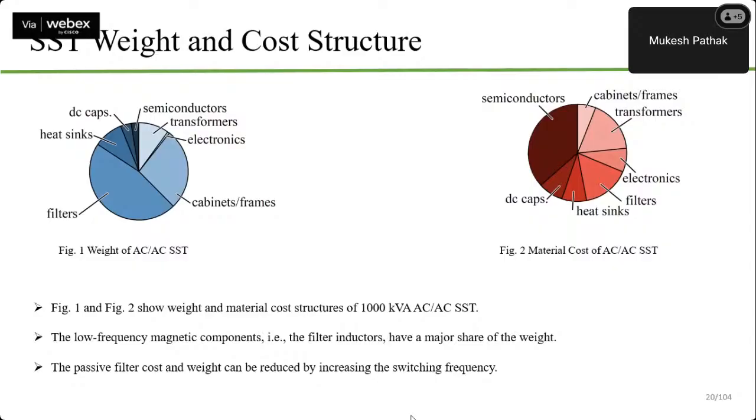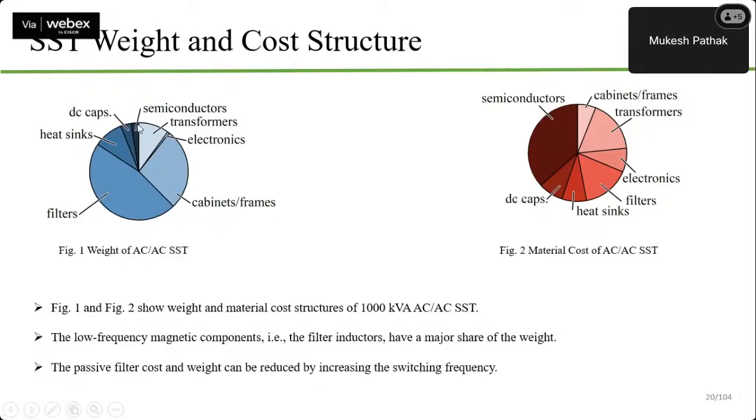So the major issue is, as we say, cost. What contributes to the weight and cost of SST? You can see the weight of SST is primarily because of filters and power electronics. The transformer is a very small weight.